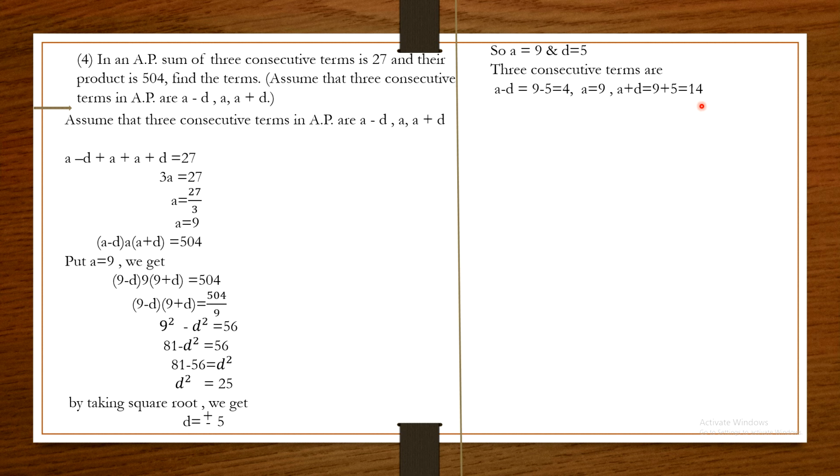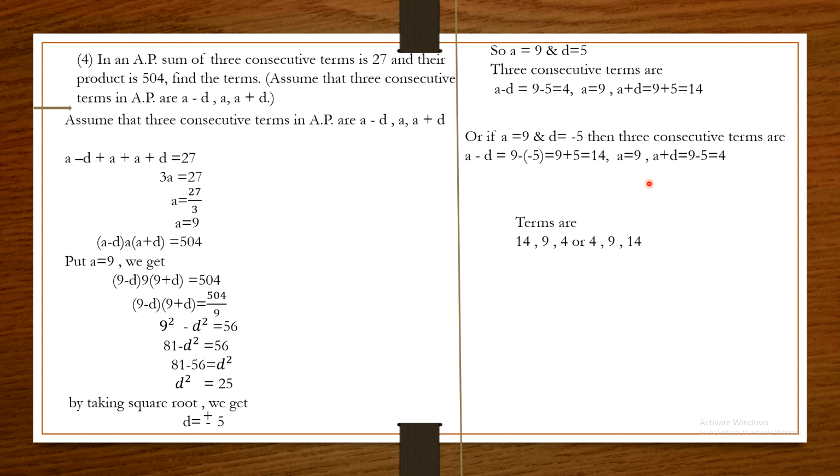These are the three consecutive terms. If we put A equal to 9, D equal to minus 5, we will get A minus D as 9 plus 5, 14, A equal to 9 as the second term, and the third term 9 minus 5 is 4. So the terms are 14, 9, 4, or can be written as 4, 9, 14.